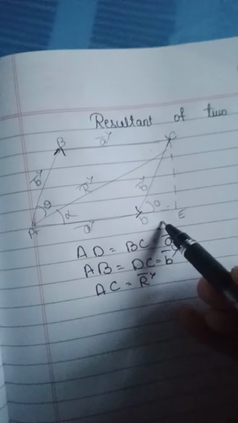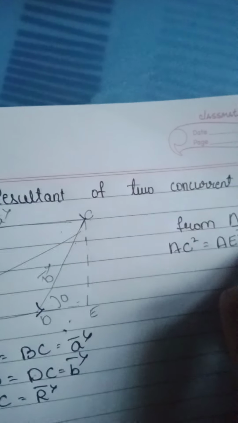First we have to find angle ACE from triangle ACE. AC square is equals to AE square plus EC square, right?